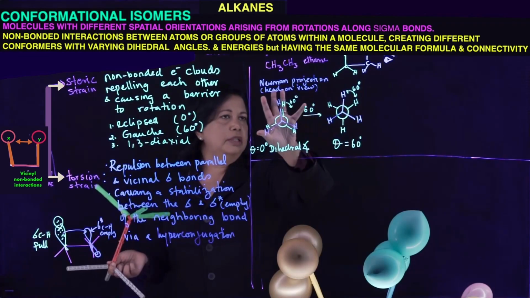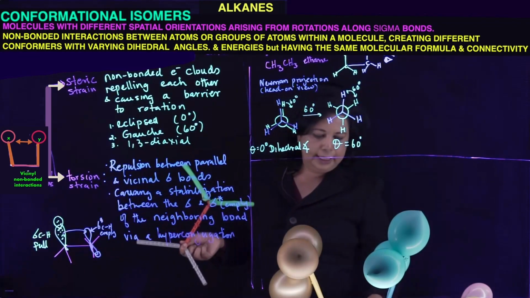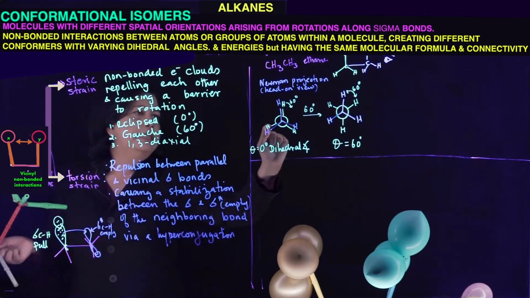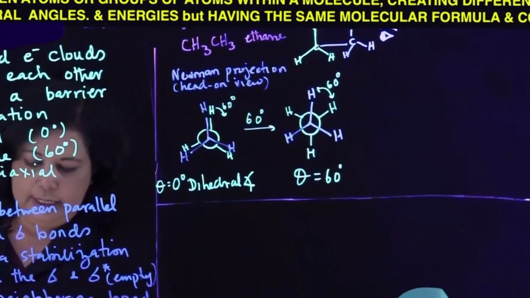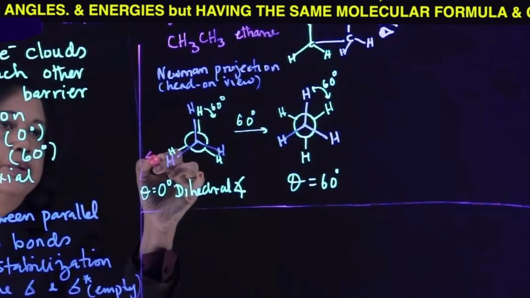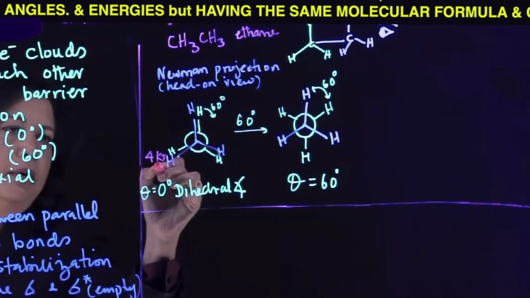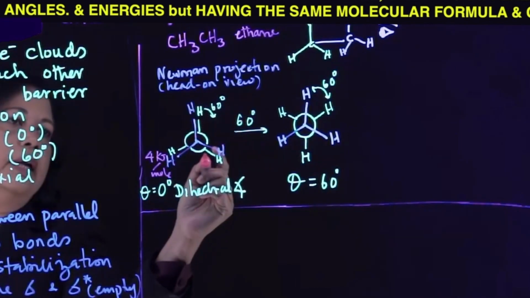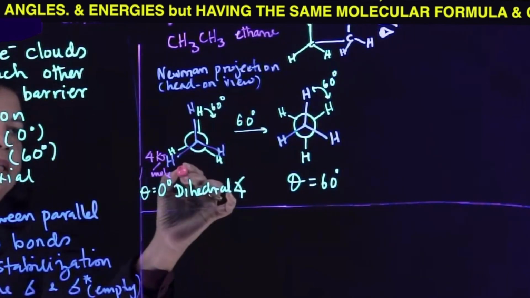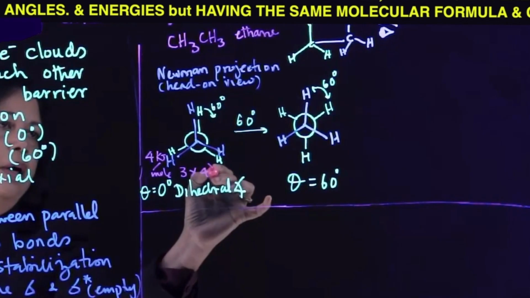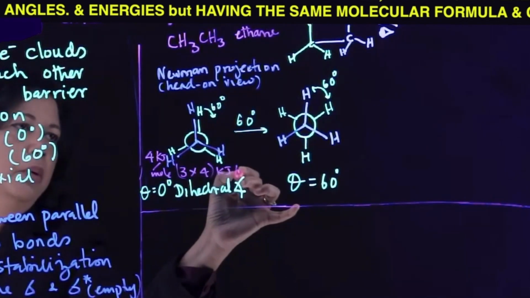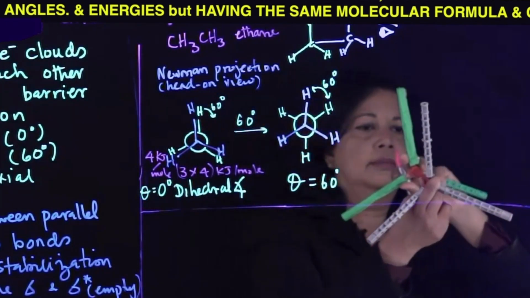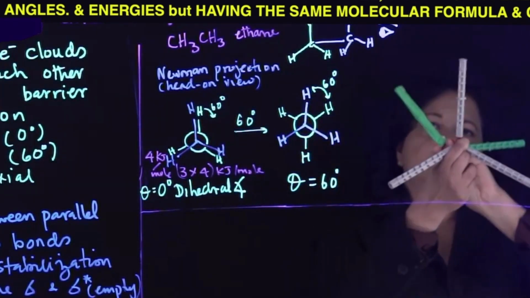The difference in energy between these two states is 4 kilojoules per CH-CH interaction. That means this is 4 kilojoules per mole, obviously, and this is 4 kilojoules, and this is 4 kilojoules. So 3 times 4 kilojoules per mole higher in energy for this form over this form.